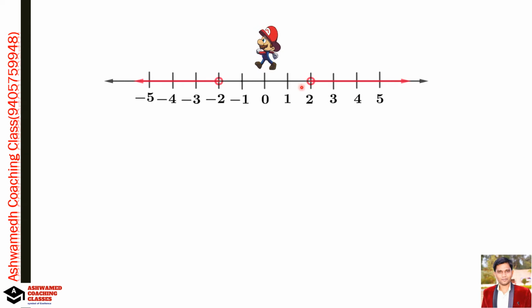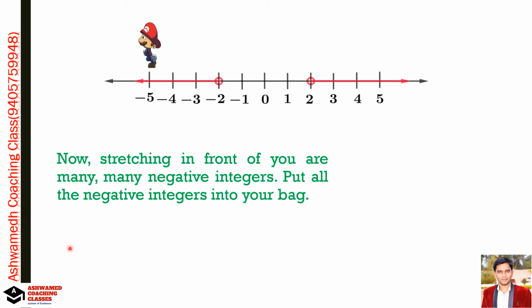On the left side of the real line, if we go on in this side, stretching in front of you are many negative integers. If you go in this direction, you can find many positive numbers.